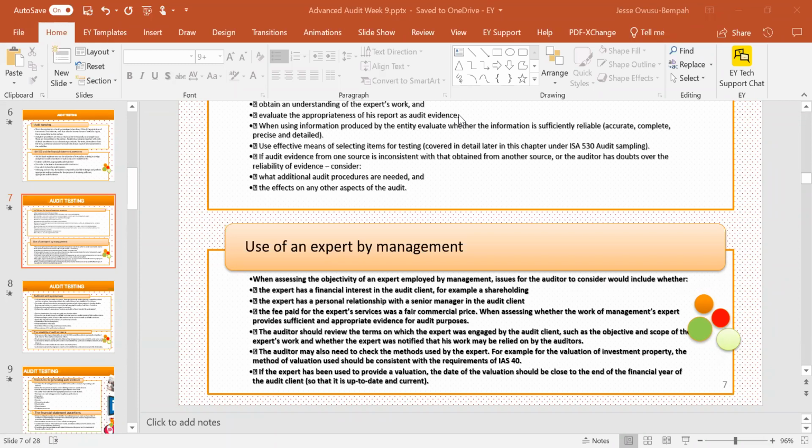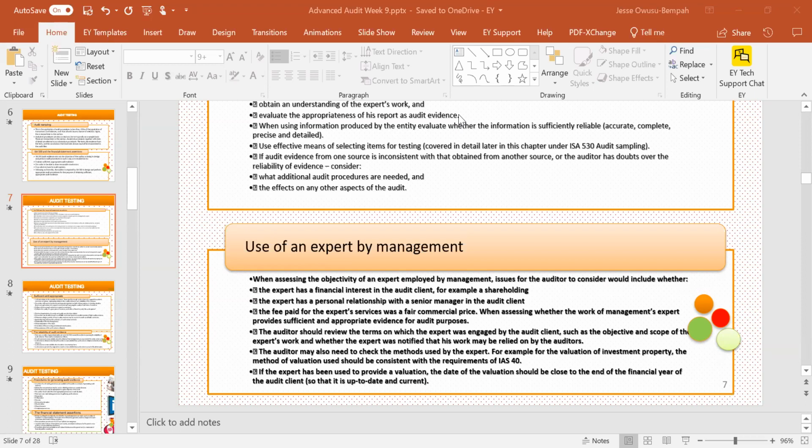Now let's talk about the use of an expert by management. When assessing the objectivity of an expert employed by management, issues for the auditor to consider would include whether the expert has a financial interest in the audit client. We've talked about this severally, where we talked about self-interest threats.